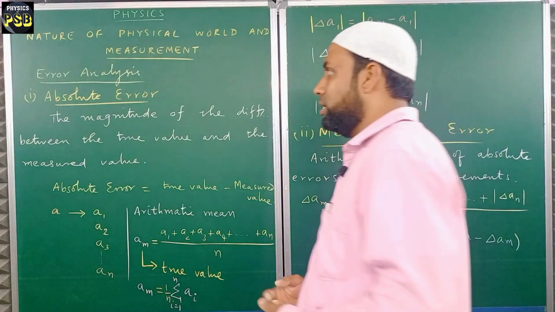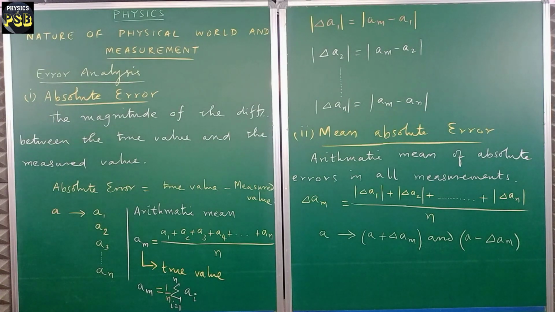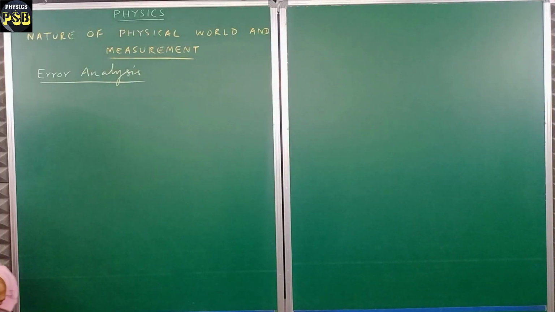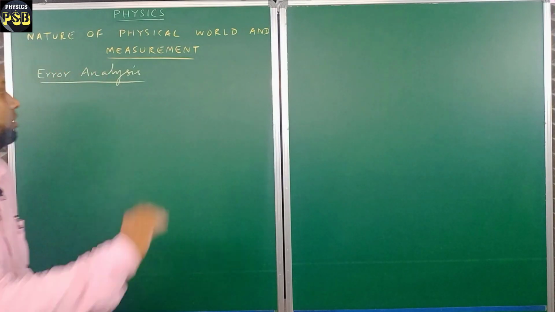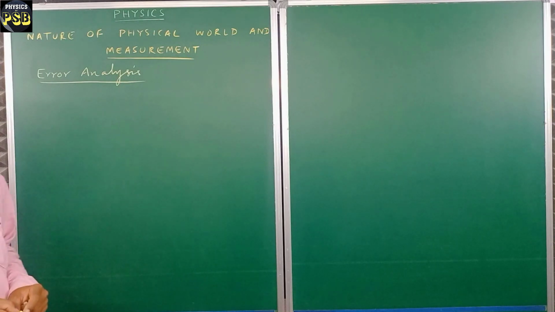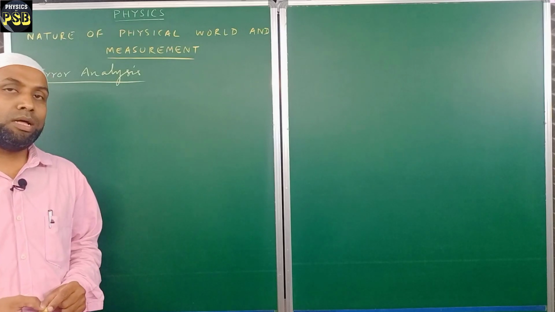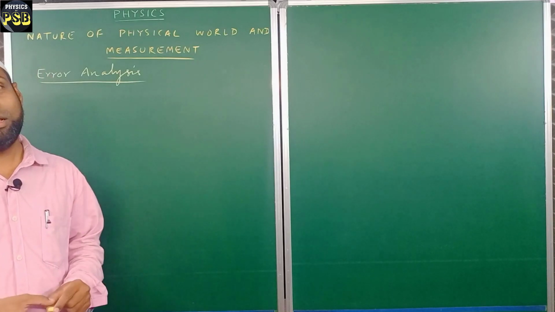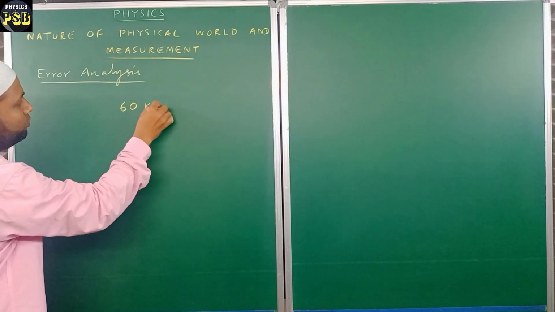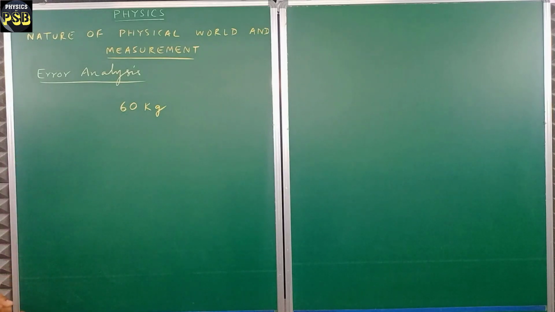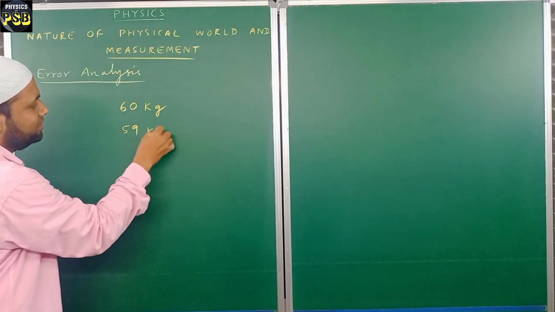Now we'll discuss another method of analyzing error involved in the measurement of physical quantities. Before I go ahead, let me give a simple example of absolute error. Suppose you measure your body mass and you know the correct mass of your body to be 60 kg. This is the true value, but on measurement you obtain the value to be equal to 59 kg.